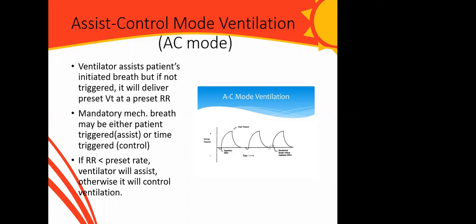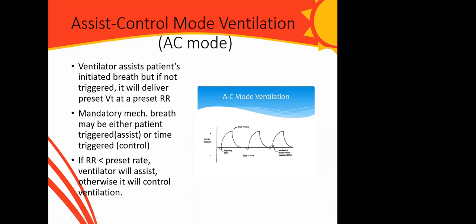But in all of it, the ventilator will wait. You can see on the graph on your right side, below the baseline, you'll see the patient trying to take some breath. So the patient initiates the breath and the ventilator assists to augment the breath to have the desired tidal volume. There's what we call the mandatory mechanical breath.